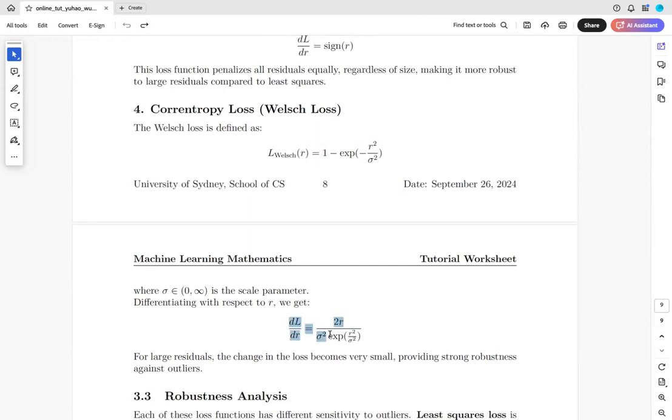So for this one, we take a differential with respect to r, because we want to find the change ratio. If our r increases, what is the change ratio of the actual loss value? Because the derivative can give us this information, right? So if r changes by 1 unit, the loss value changes by the change ratio multiplied by 1 unit of r. Is it clear?